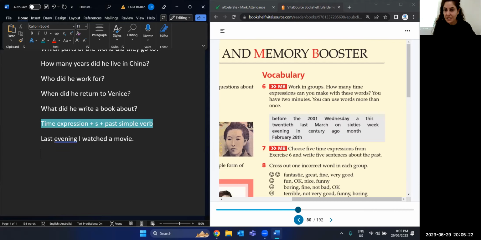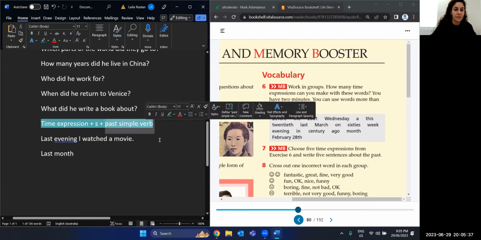Anders, make me a sentence using the time expression last month. What did you do last month? Or you can change the subject, my friend, my sister, and what action?